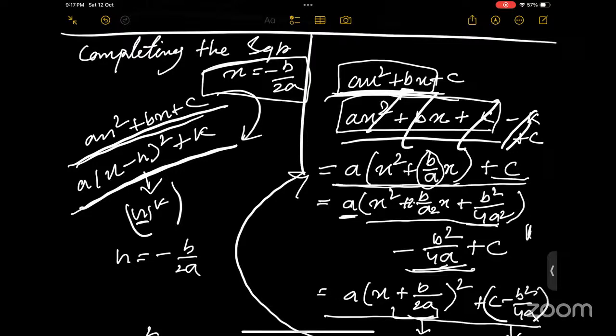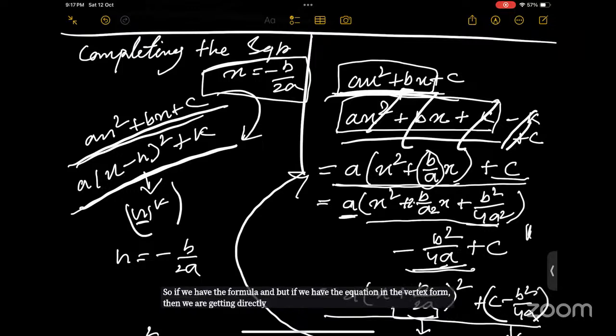If we have the equation in the standard form, then by the formula we know directly the x coordinate of the vertex is minus b by 2a, right? But if we have the equation in the vertex form, then we get directly that (h, k) is the vertex. That means h is the x coordinate of the vertex and k is the y coordinate.